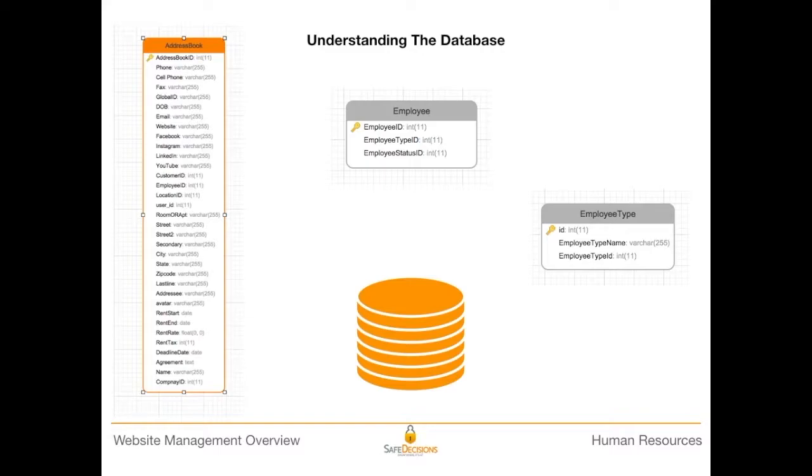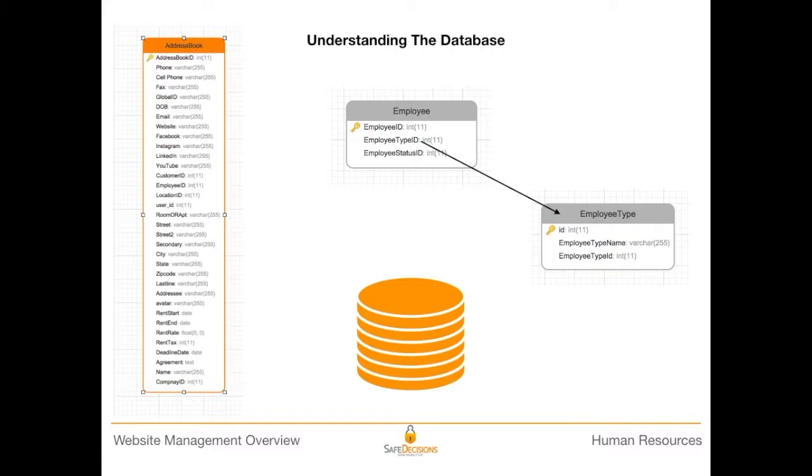When you create a worker's profile, you will need to select an employee type from a drop-down list. The employee types in the list are dynamically pulled from this table and shown for you to choose from. When you select the worker's type, it is then referenced with that user's ID.